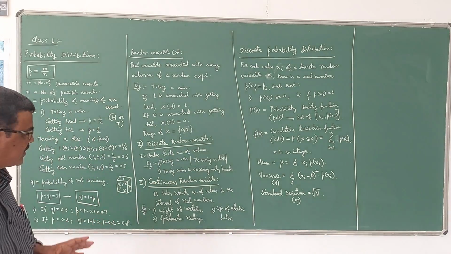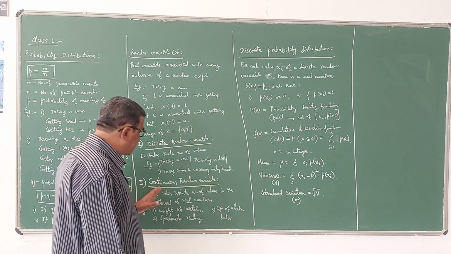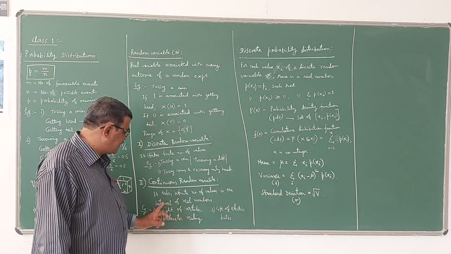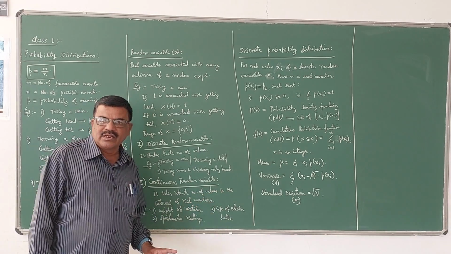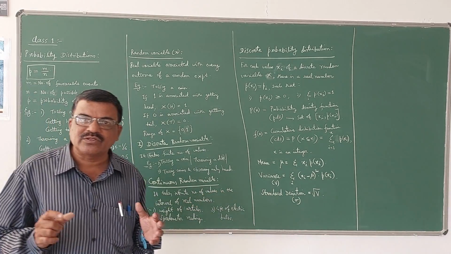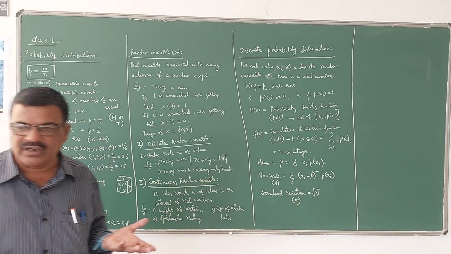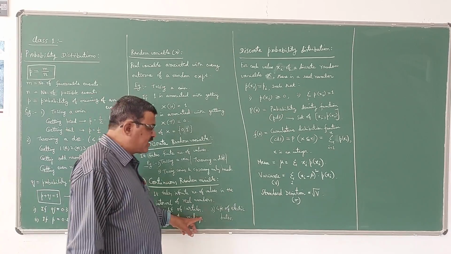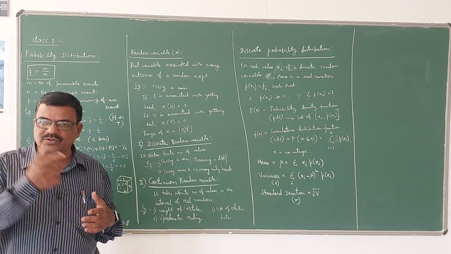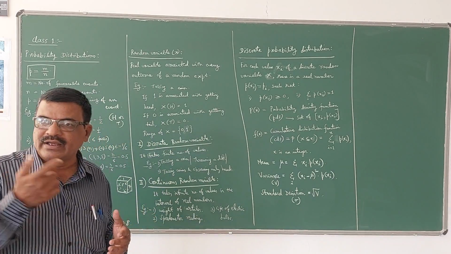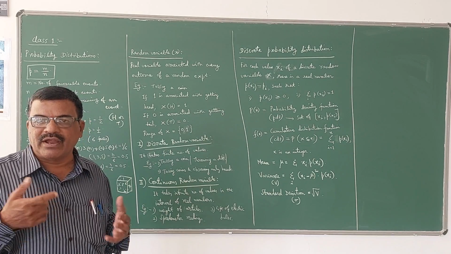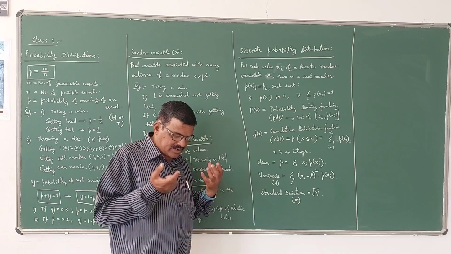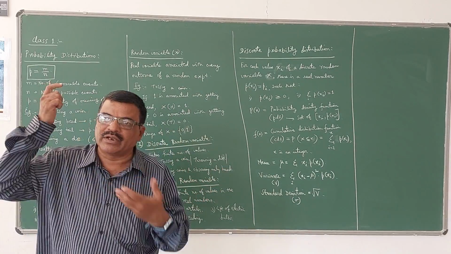Whereas if you go to continuous random variable, it takes an infinite number of values in an interval of real numbers. That means continuous means there is no fixed number. It is an infinite number. For example, the weight of articles. If you go on weighing an article, the weight can vary from 1 gram to some tons.